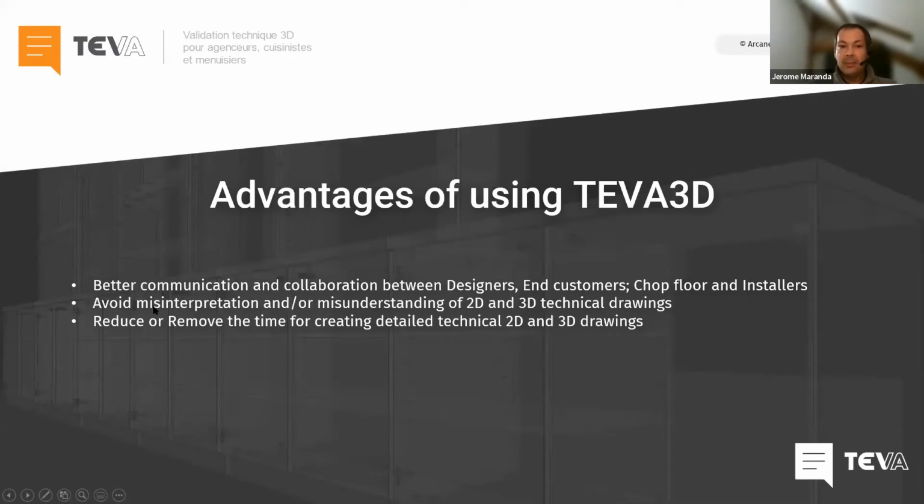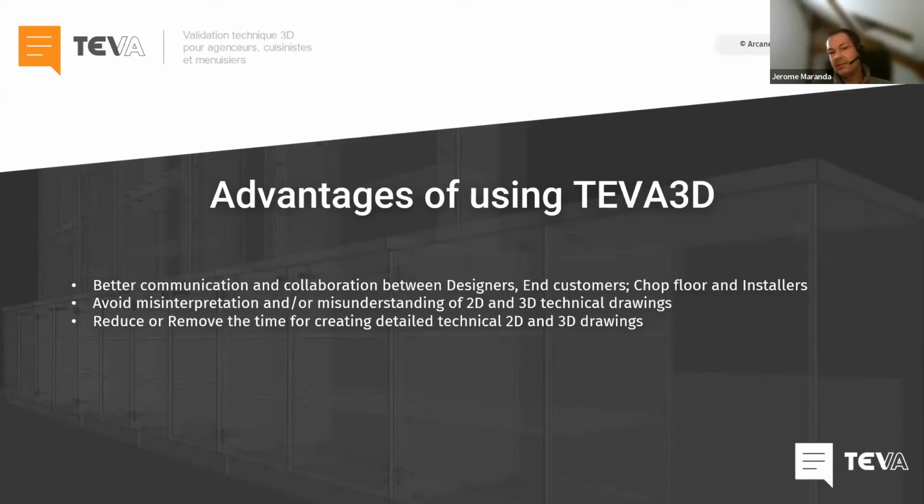Another thing, I think with all the detail that we can see in Tiva, it will avoid a lot of misinterpretation or misunderstanding of the 2D or 3D technical drawings that a designer produces. And what we see as a bigger advantage is to reduce or remove the time to create detailed technical 2D and 3D drawings.